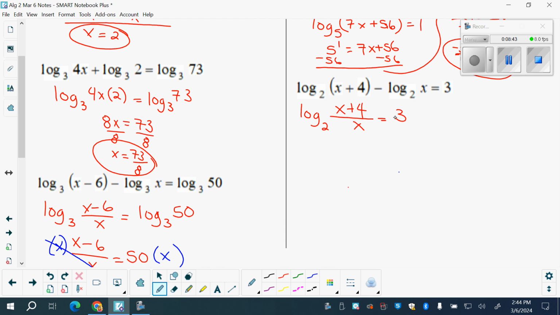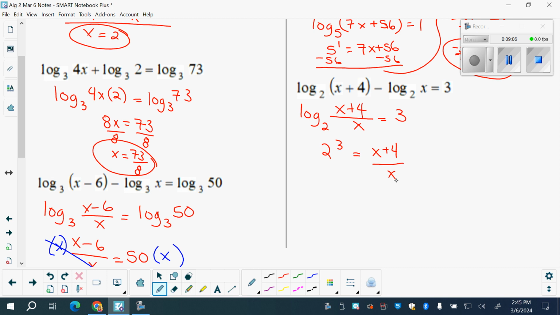But this time it's equal to 3. It's not equal to a log. So what do I need to do next? Put it in exponential form. That's right. So my base is 2. My exponent is 3. And it's equal to x plus 4 over x.